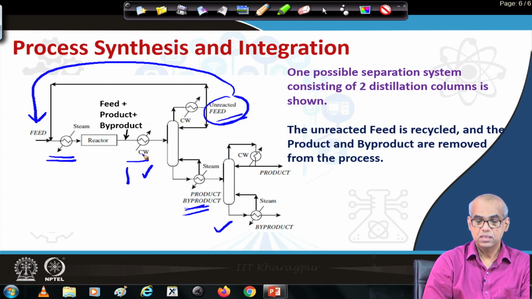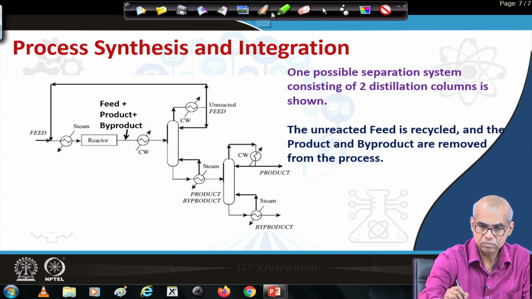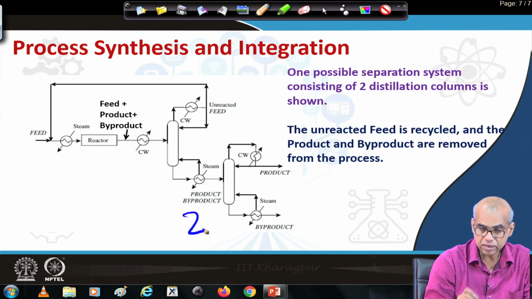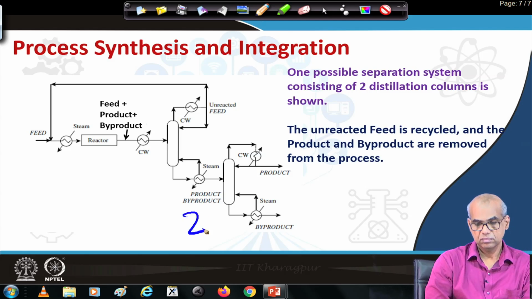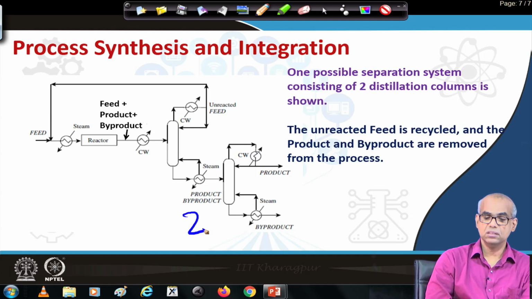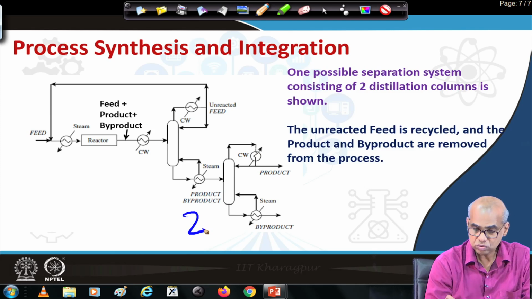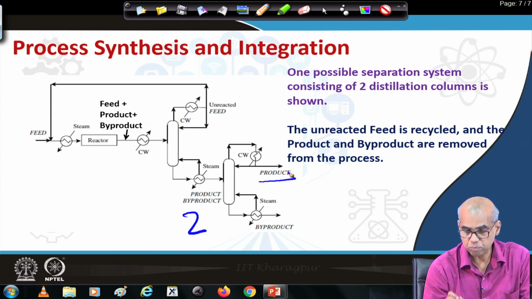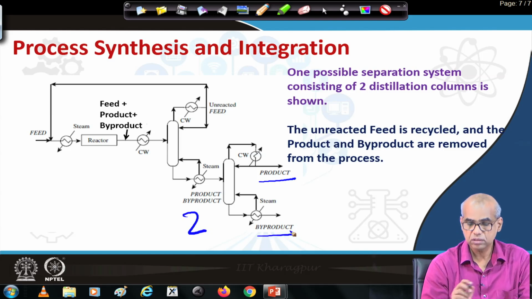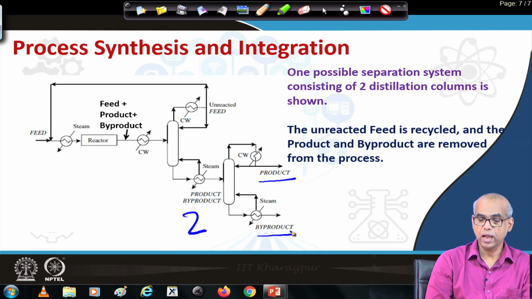Now, come to the second distillation column. The second distillation column takes the byproduct and the product mixture as feed, and it separates this mixture into a stream of product and byproduct, which comes from the top and bottom of the distillation column respectively.